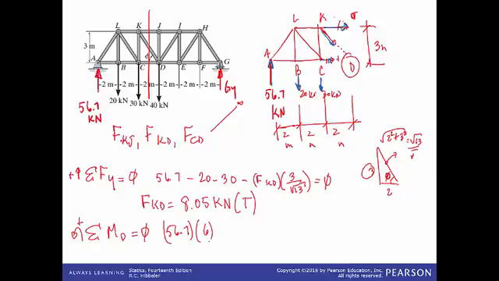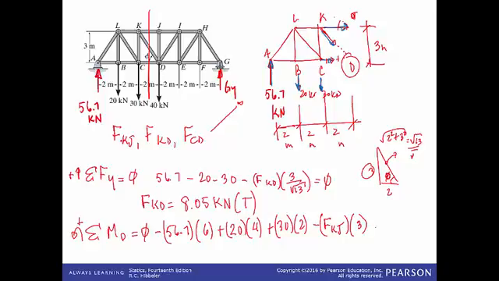6, and this would be negative, plus 20 times 4, positive, plus 30 times 2, and then minus the force KJ times 3.